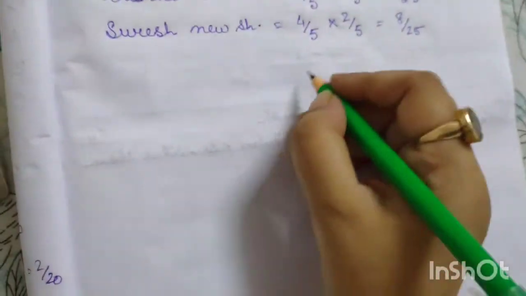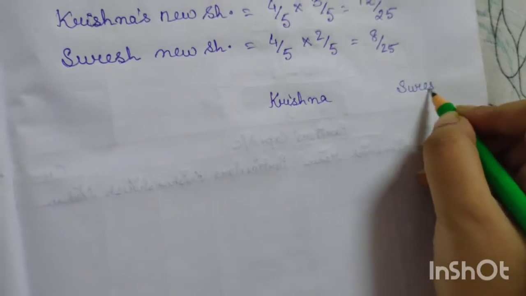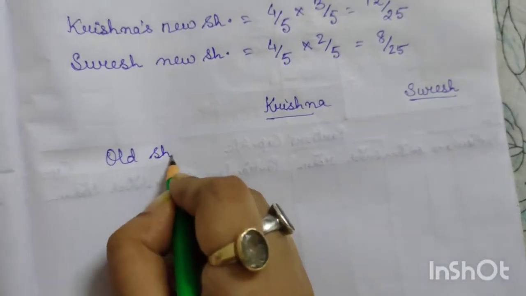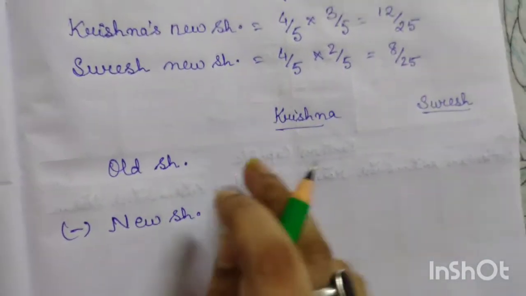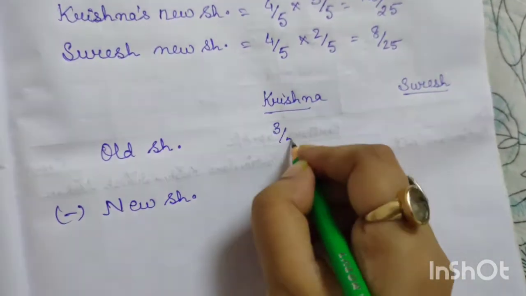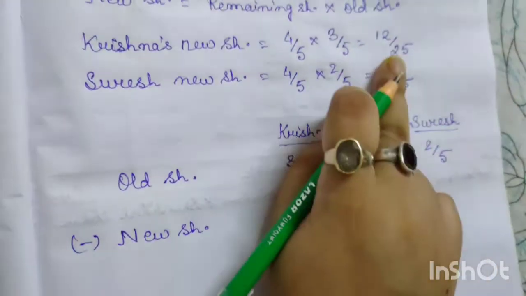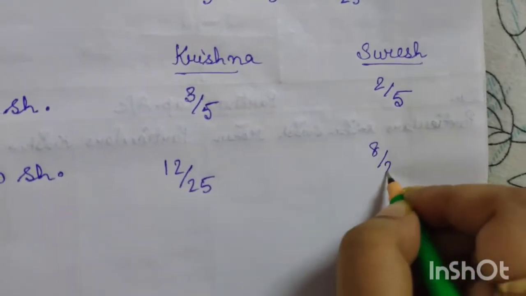Now from here we can calculate the sacrificing ratio. Here Krishna and here we will write Suresh. We know the formula of sacrificing ratio: old share minus new share. The old share of Krishna was 3/5 and for Suresh it was 2/5. The new share we got for Krishna is 12/25 and for Suresh it is 8/25.